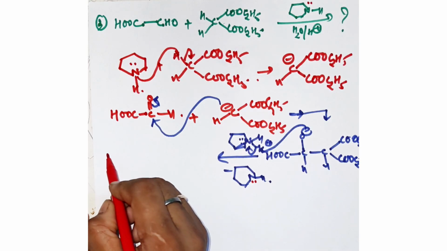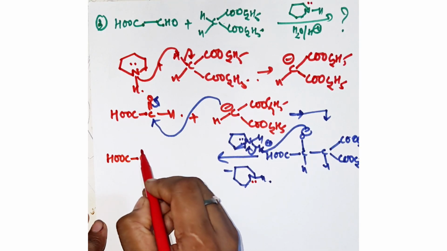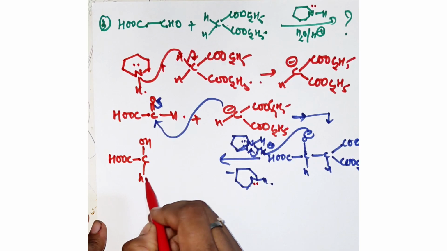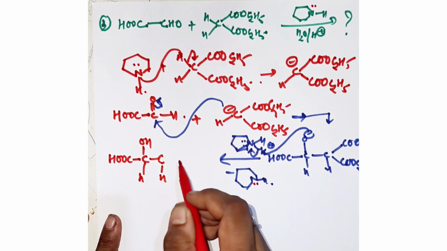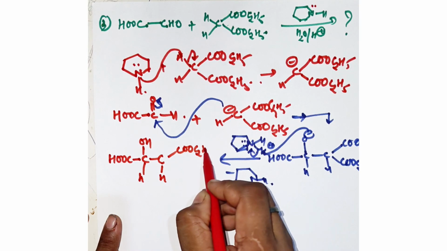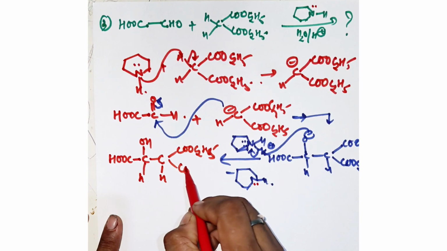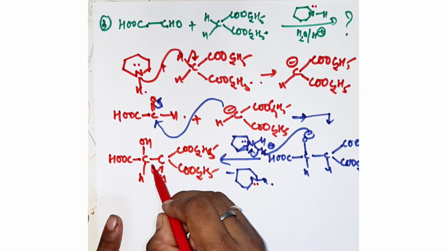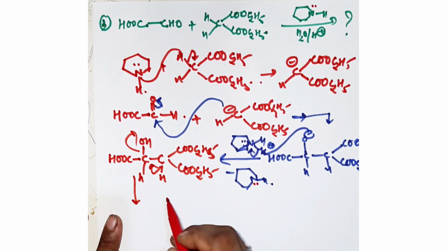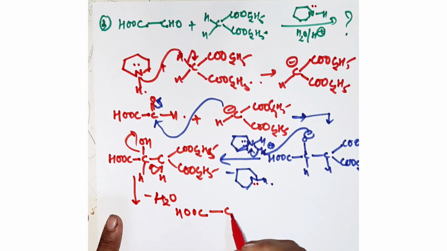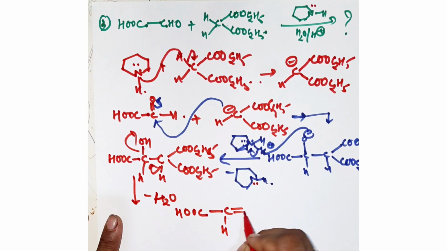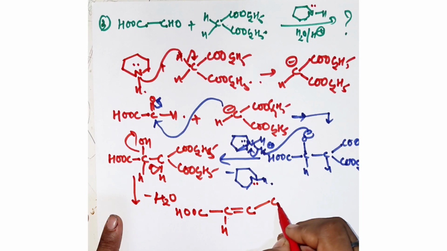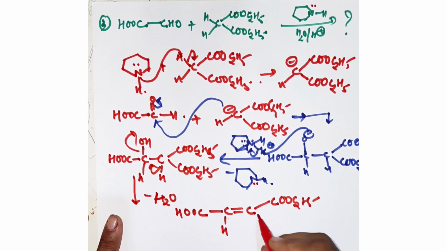Now the product is OH, here it is H, here it is C, here it is H, COOC2H5, COOC2H5. Removal of a water molecule, very easy, minus H2O. Okay, so it is HOOC, CH double bond C, COOC2H5, COOC2H5.